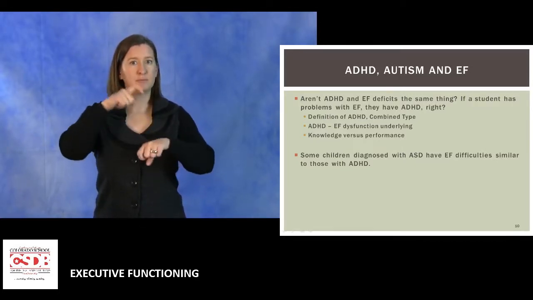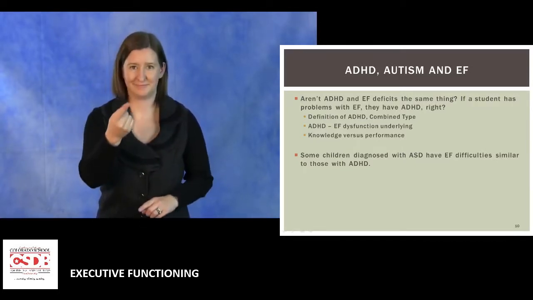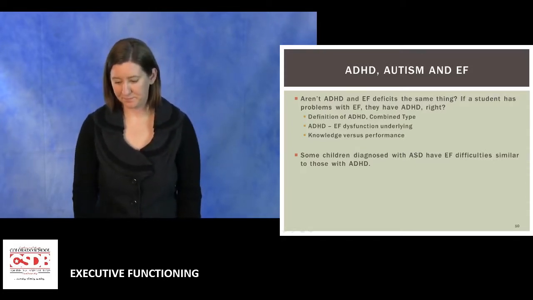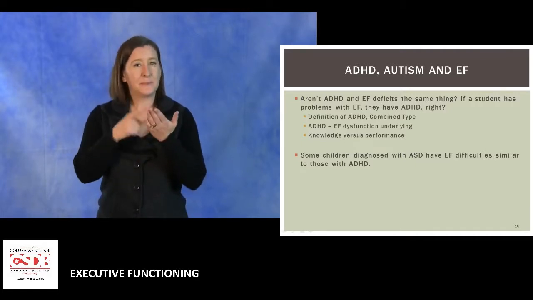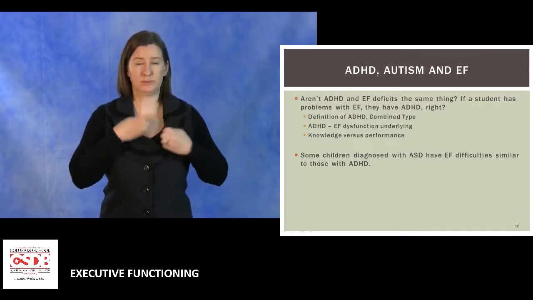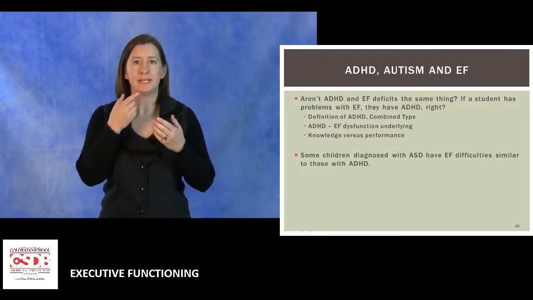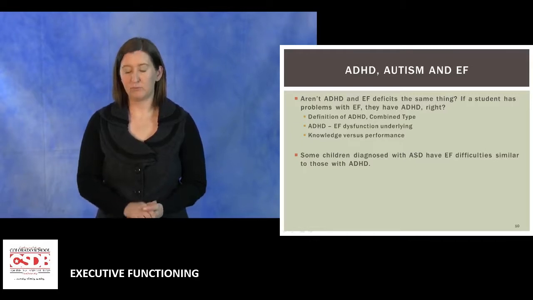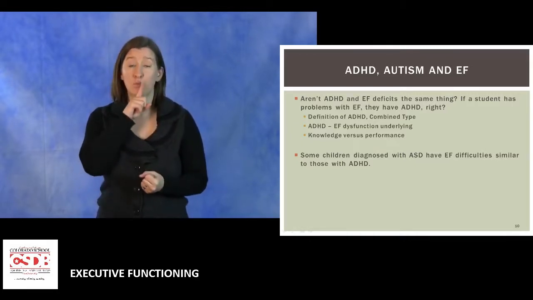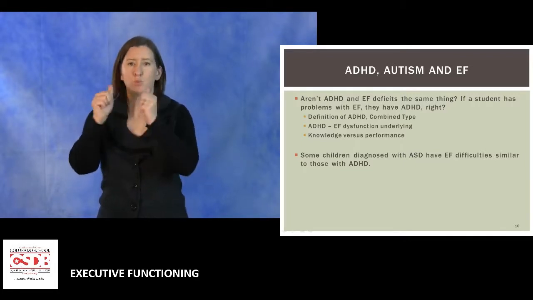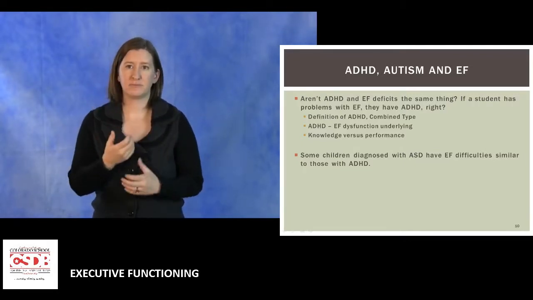They don't have that control, they'll just say anything that they want. Sometimes a person with ADHD, they act inappropriately or express themselves inappropriately. And people with ADHD tend to have problems with EF.